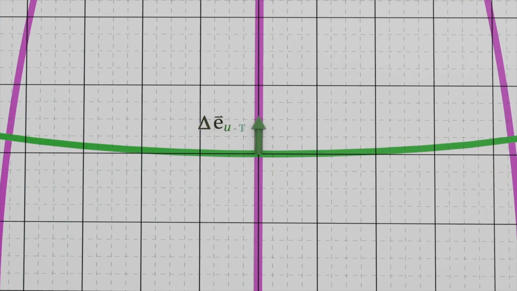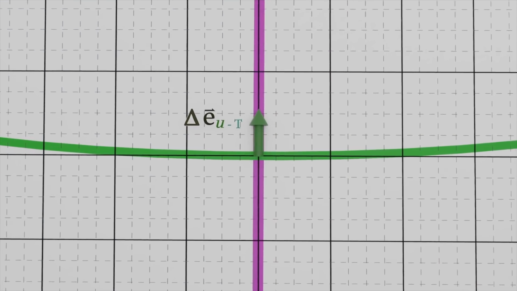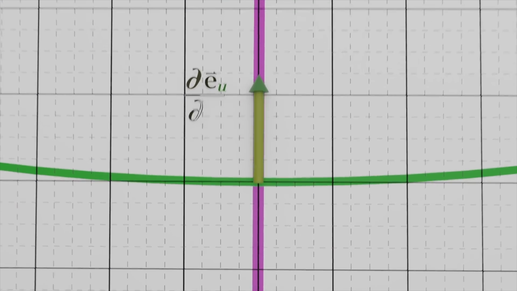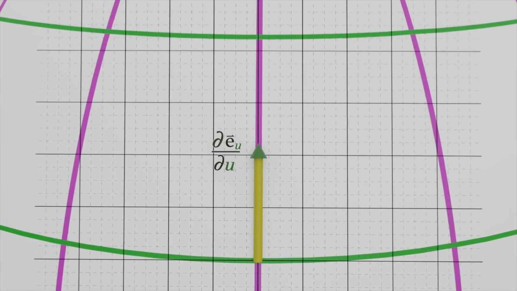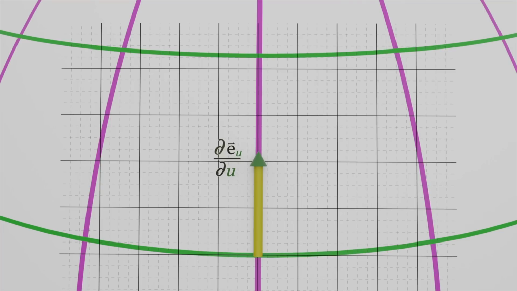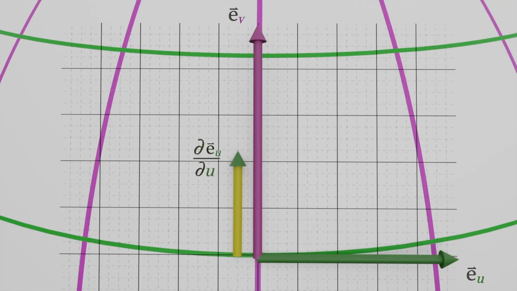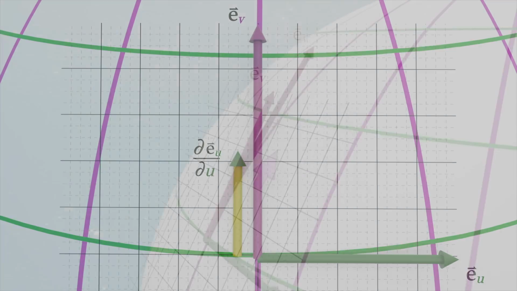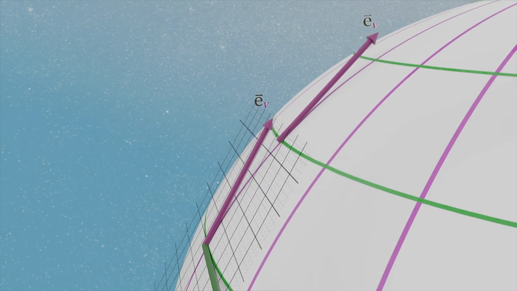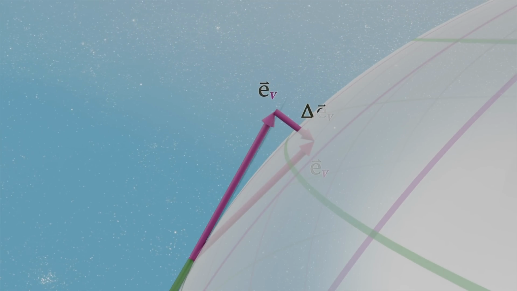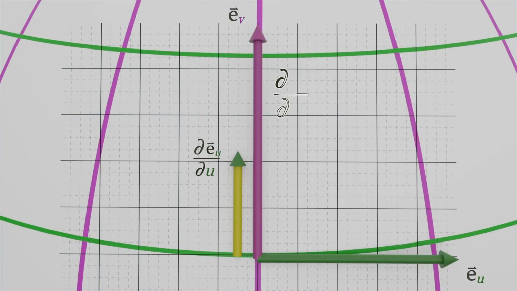All right, let's go ahead and turn this tangential delta EU vector into a proper partial derivative. That is, take its limit per an infinitesimal change du in the parametric coordinate. Then, to find the remaining derivative vectors, we first need to compare the EV vector with its neighbor in the v direction. But as we already saw, that led to no tangential change. And so the dEV dv derivative is 0.